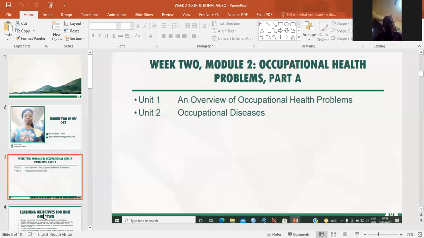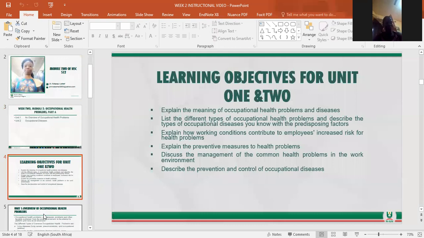Before we dive deep into the interaction for today, let's see the expected learning outcomes for unit 1 and unit 2 of this module.